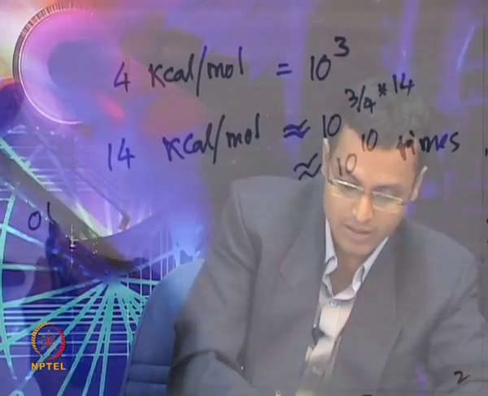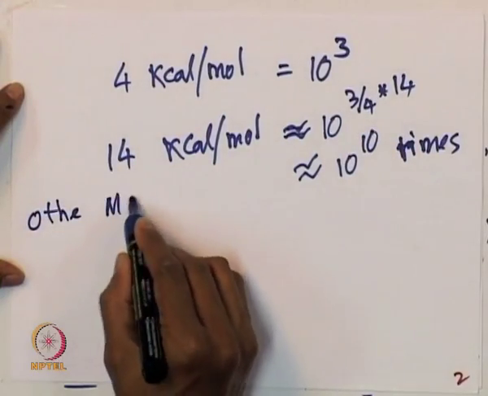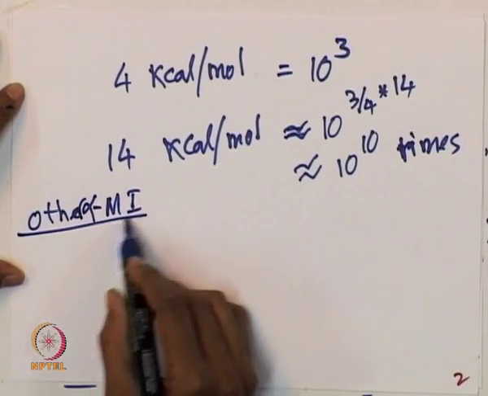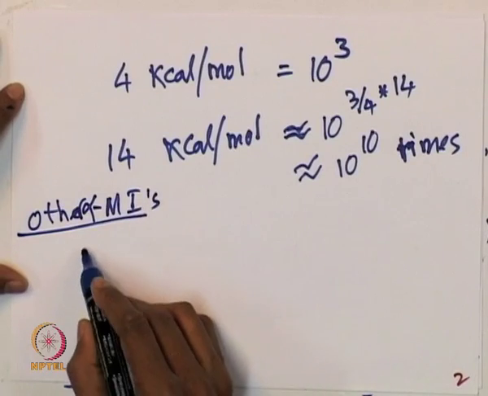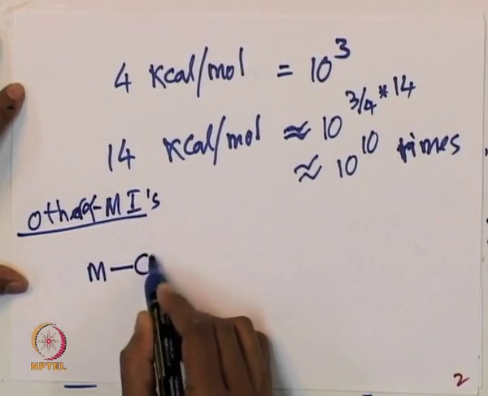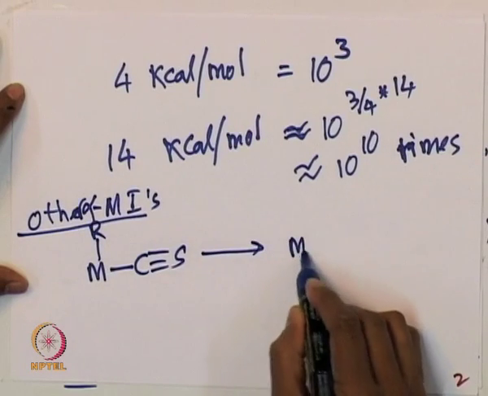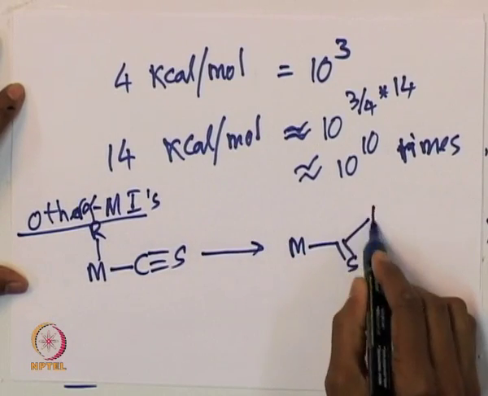Now, let us look at what other possible scenarios there are for alpha migratory insertion. There are other cases where you can expect alpha migratory insertion. Then you can have this sort of complex, and again you can get MCR.